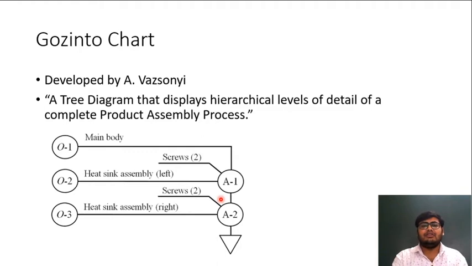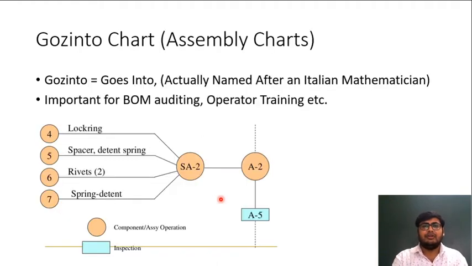Now let us discuss some details about Gozinto charts. It is also known as an assembly chart. Why? Because it gives an idea about assembly. Why is it abbreviated as goes into?